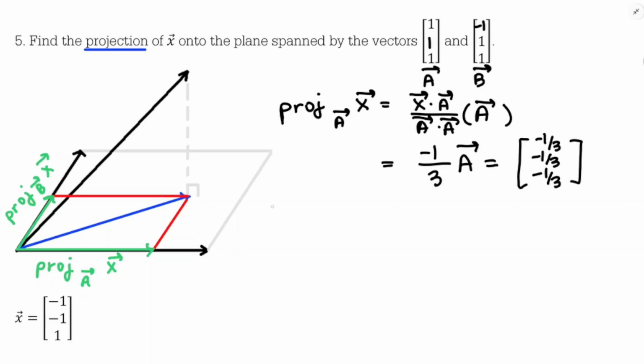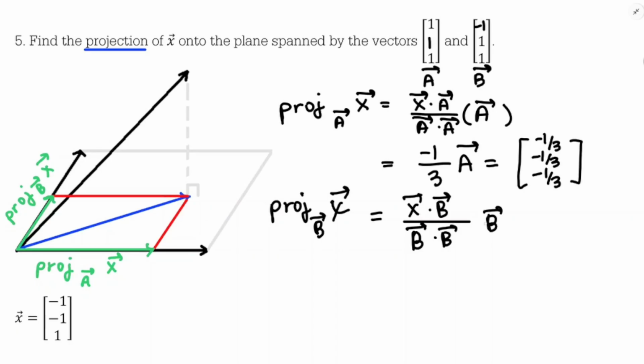Okay, now I compute the projection of x onto B, and that's going to be x dotted with B divided by B dotted with B multiplied by vector B itself.